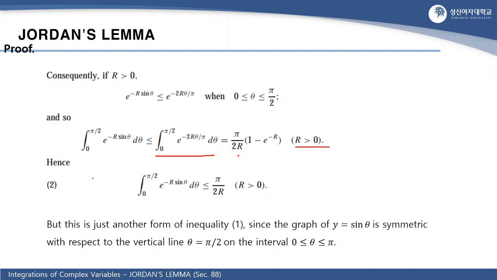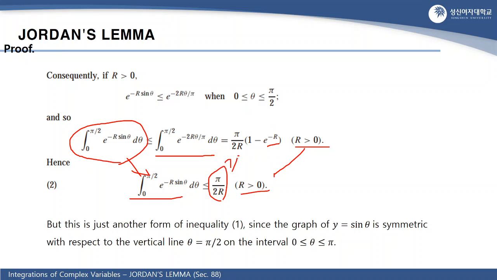Hence, since capital R is greater than 0, we can say that this quantity is also less than pi over 2 times capital R, because the exponential of a negative number here is a positive number that is less than 1.